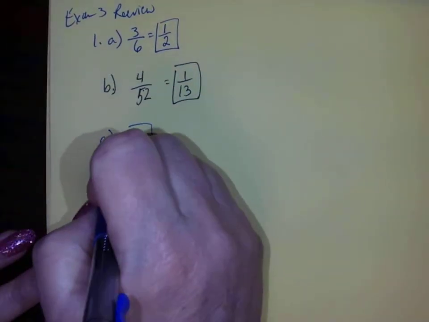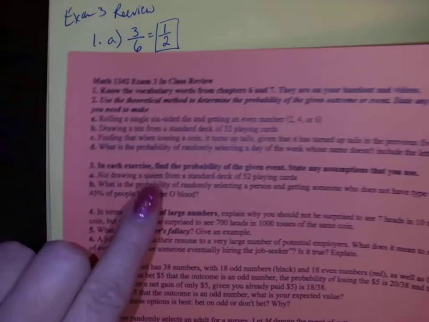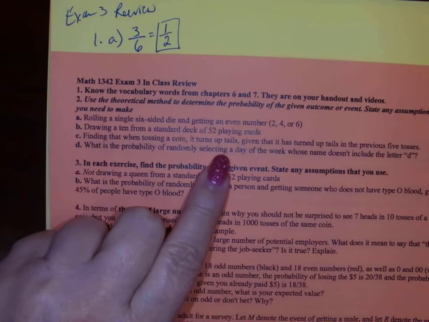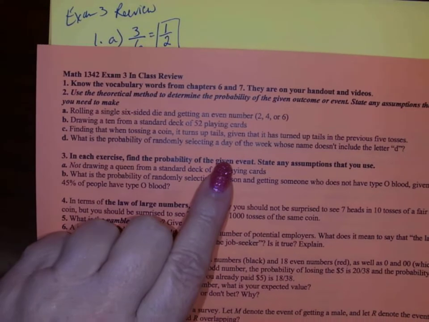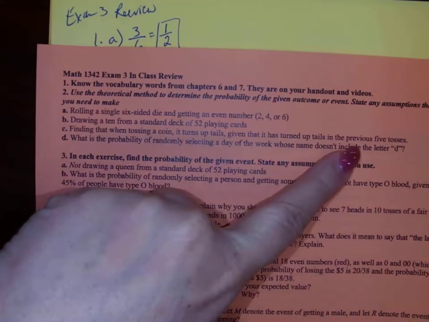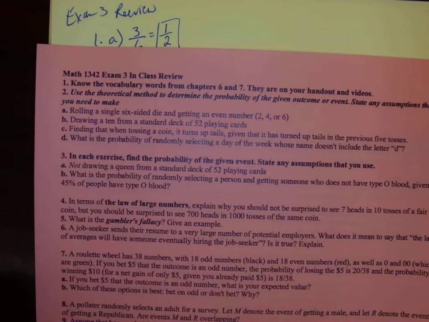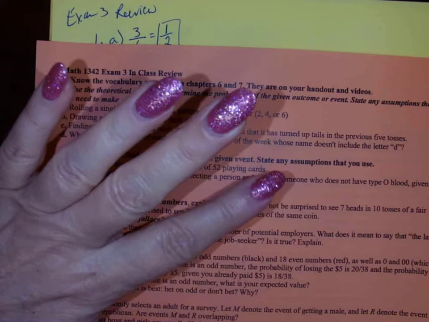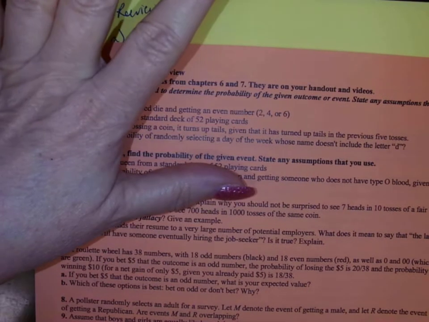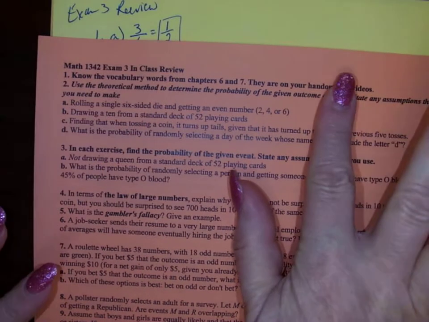All right, part D. What is the probability of randomly selecting a day of the week whose name doesn't include the letter D? All right, so we have Sunday, Monday, Tuesday, Wednesday, Thursday, Friday, Saturday.